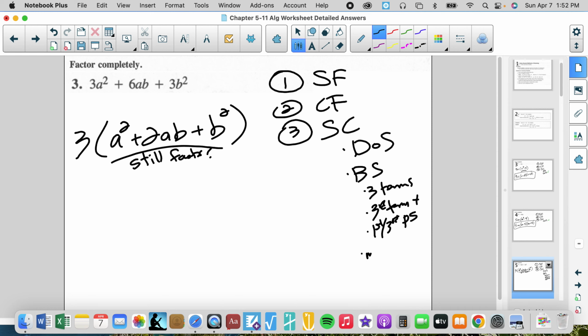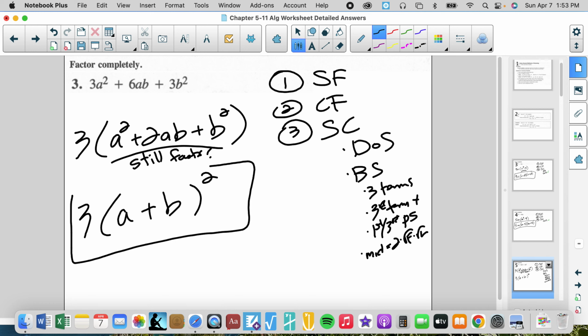And does the middle equal 2 times the square root of the first times the square root of the last? And yes, it does. So if we take the square root of a squared, which is a, bring down that positive sign, bring down the b, and if we multiply a times b and double it, does it equal my middle? Yes, it does. So this would be the proper notation for that.